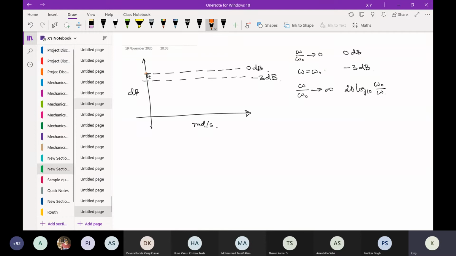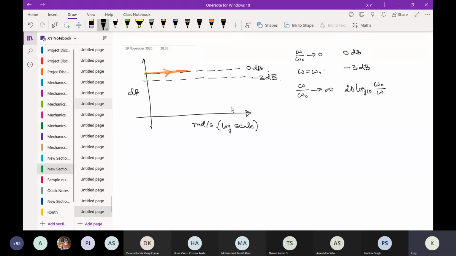So from this side, we know that we can proceed this way as we start from small values of omega, and here also we are plotting in a log scale to cover a wide range of frequencies. So this approximation will become even better for us.